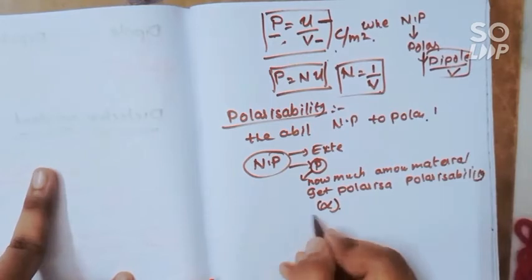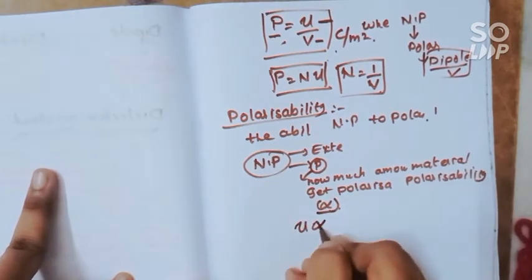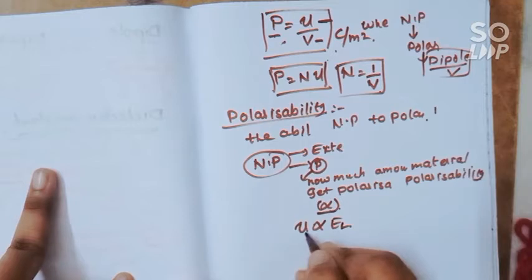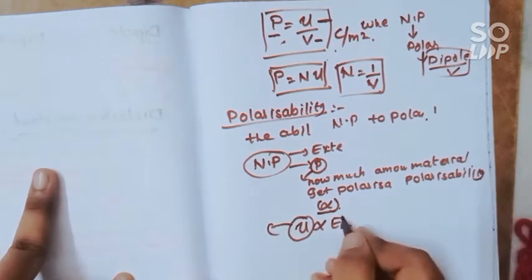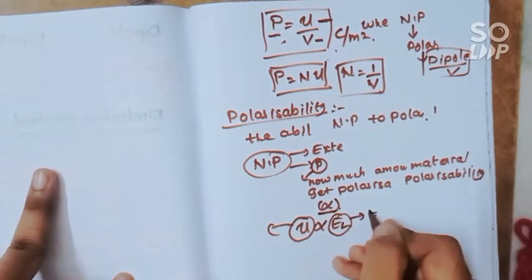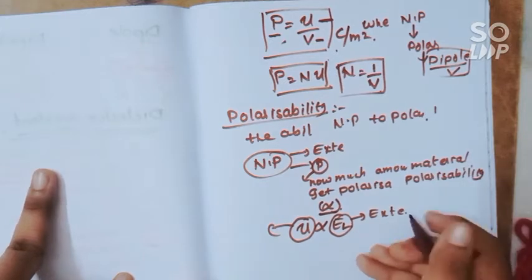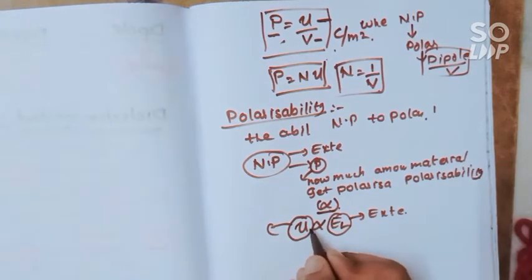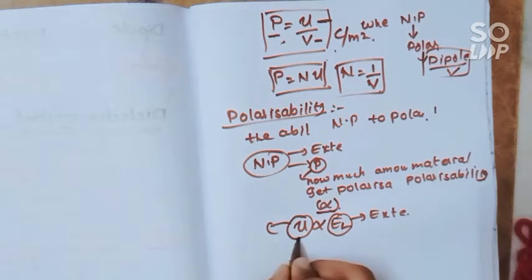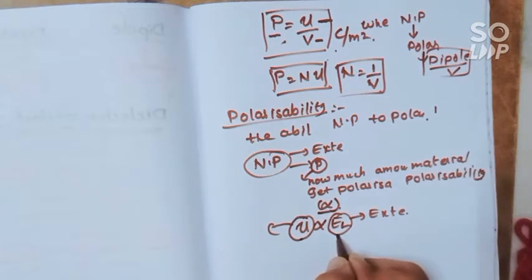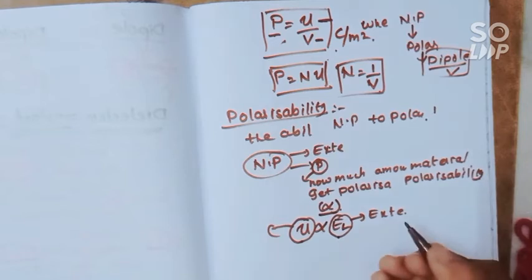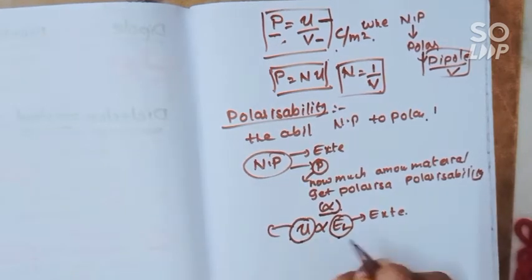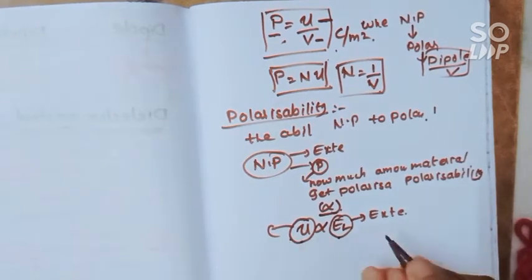And we can say that nu is always directly proportional to E, where nu is the dipole moment and E is the external electric field. This means the number of dipoles produced is proportional to the electric field we apply. The more electric field we apply, the more dipoles are produced in the material.